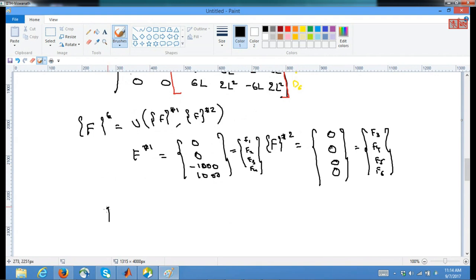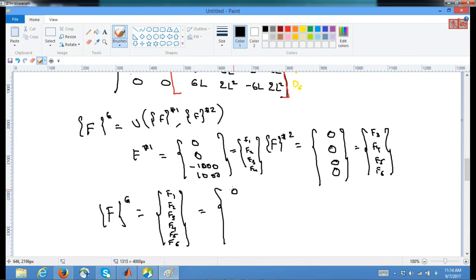Where global f is nothing but f1, f2, f3, f4, f5, f6. That implies this is 0, 0, but f3 is coming from here and f3 is also coming from here. So this contribution is minus 1000, this contribution is 0, so together it is minus 1000.